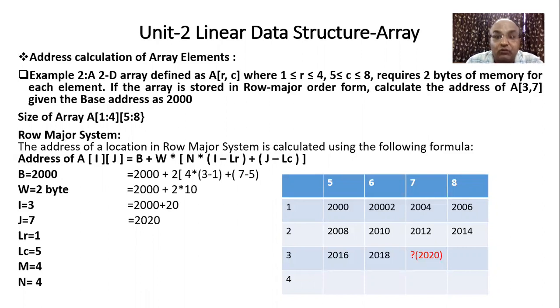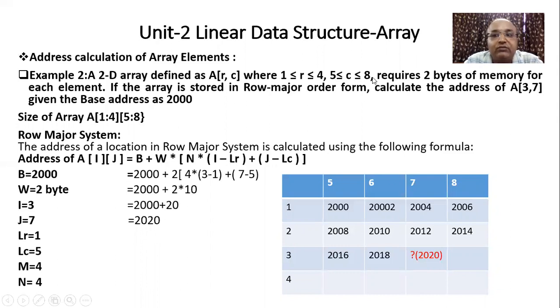R stands for row. Normally in an array the index starts from 0, but here the value of row ranges from 1 to 4, and similarly the value of column ranges from 5 to 8.